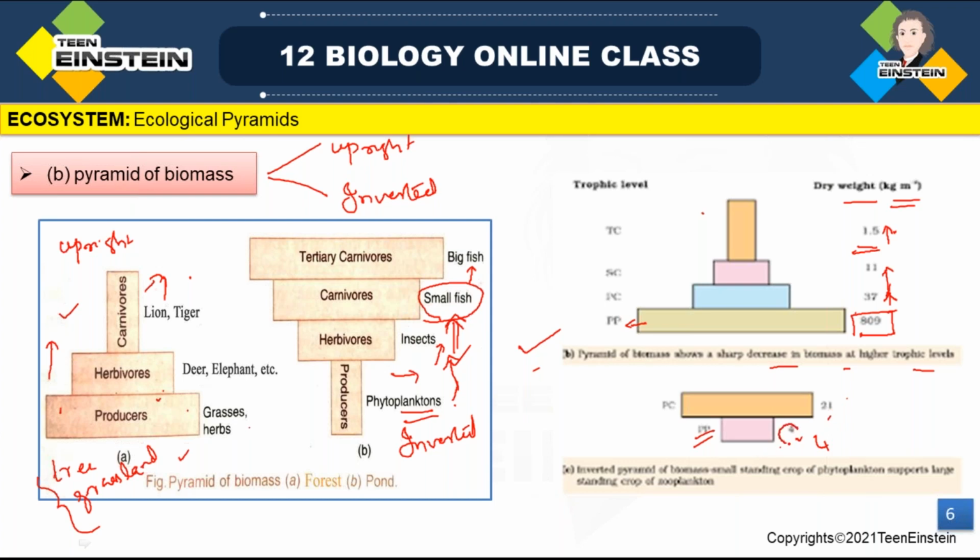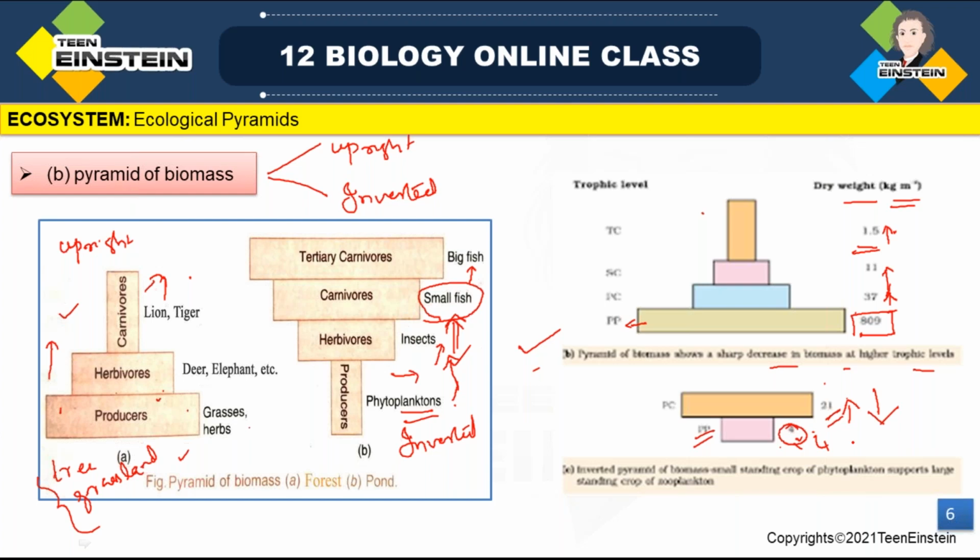Sorry, here not number, this is the biomass: primary producers 4. When it is moving to the next one, the biomass is 21. So here it is coming in an inverted way. Got it? The dry weight or the biomass.